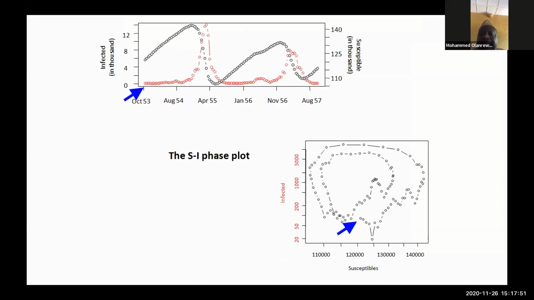Next, if we look at this one, the SI phase plot, where you are trying to talk about the infected number of people versus the months. And then we have the infected versus the susceptible.